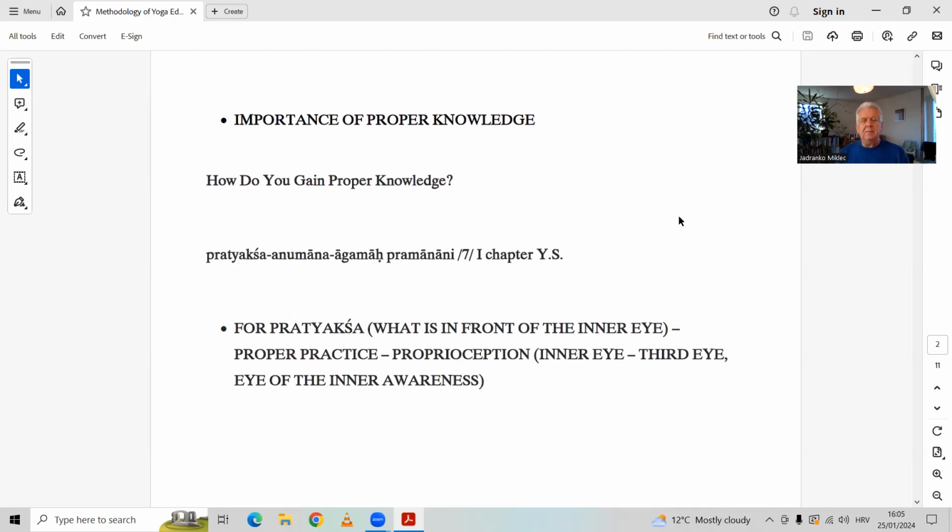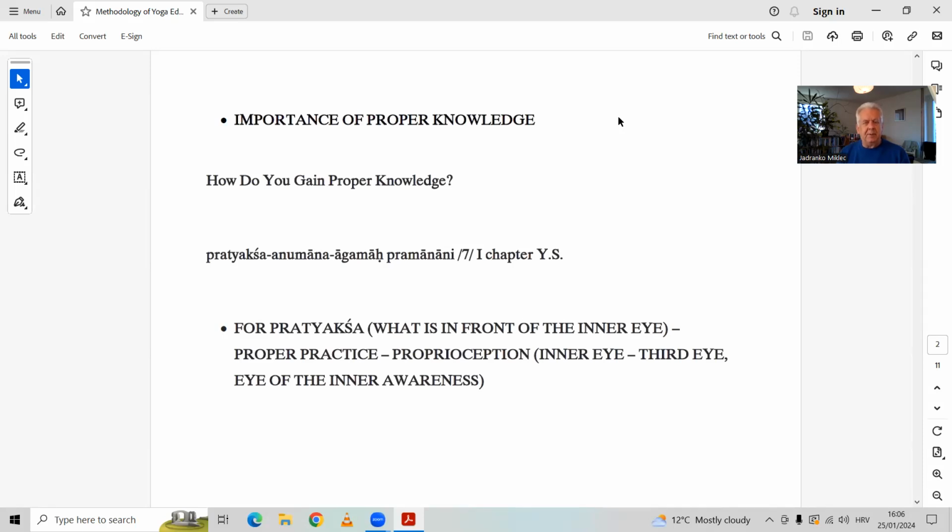There is one sutra in the Yoga Sutras of Patanjali, in the first chapter, sutra number 7, which speaks about the value of the proper knowledge, which in Sanskrit terminology is called pramana.